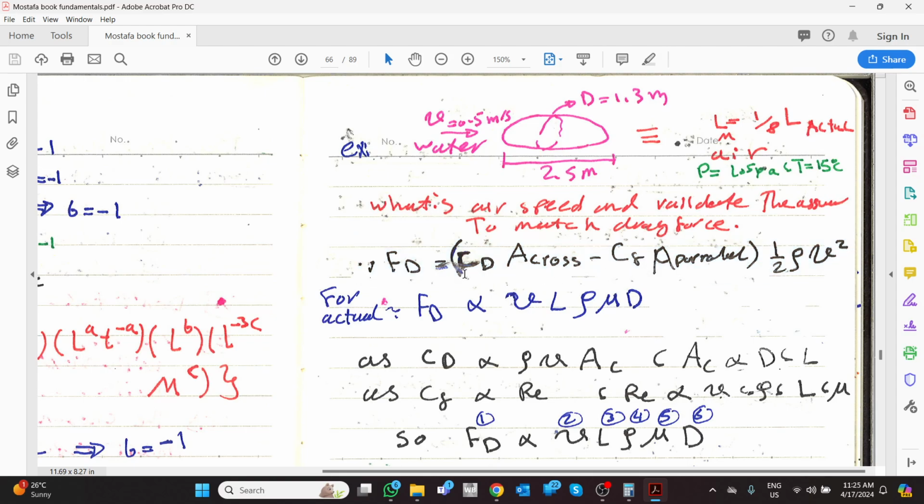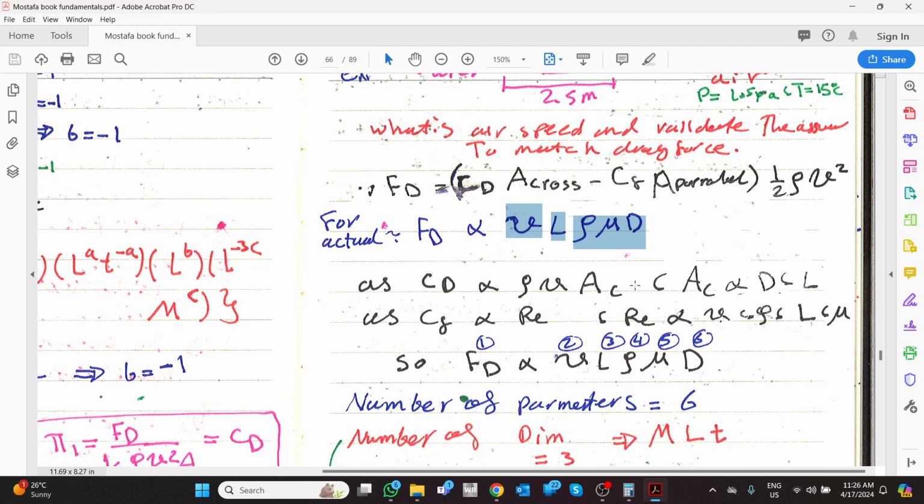Now, what remains is the CF and CD. You should not bother yourself with what the CF and the CD are and what the equation is. If you use logic, what is going to affect it? The viscosity. Is there any other parameter going to affect? No. So based on this, even if you didn't write this equation, I know that the drag force is a function of velocity, length, density, viscosity, and the diameter of the vessel, the submarine.